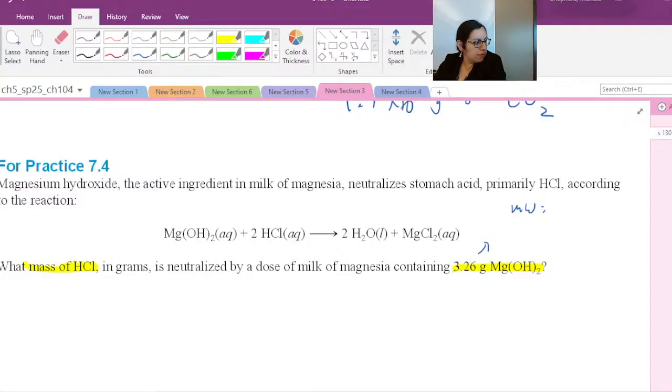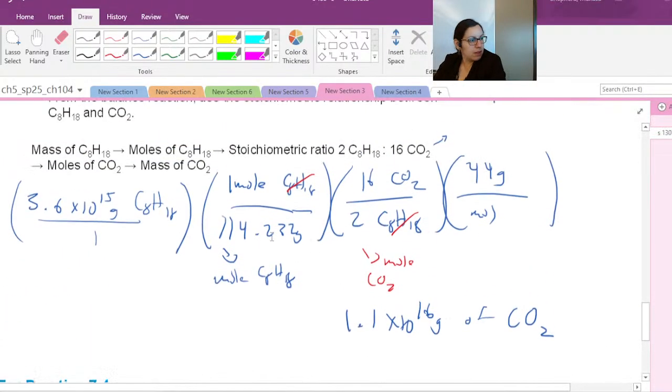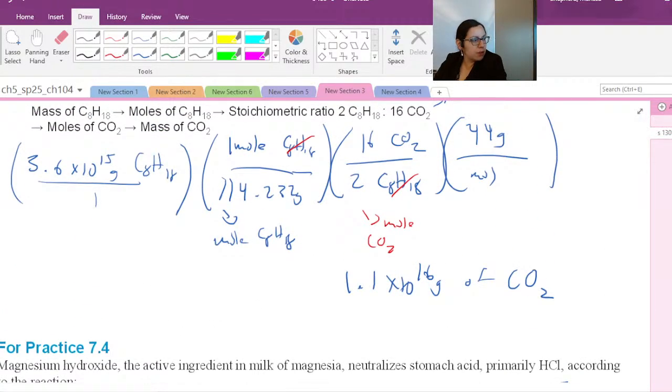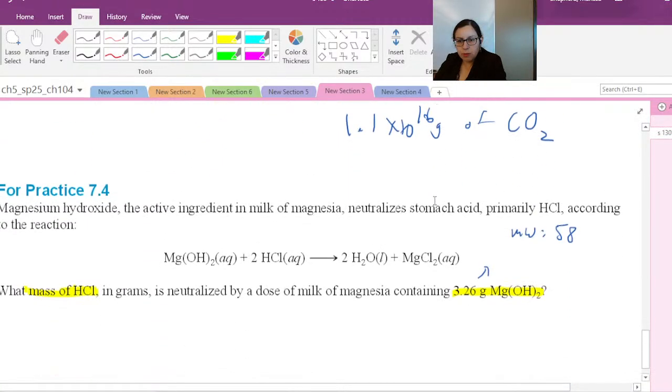Excellent. So what do we get for magnesium hydroxide first? 58 grams. Is that what everybody got? What is the ideal decimal place that we should round off? I would usually go to two after for molecular weight.